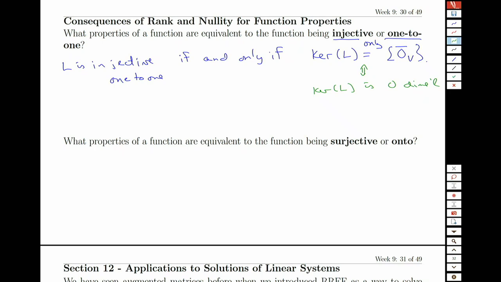But we just saw another equivalency for that today, which is the matrix for L. Let's do it in 2 stages. L's matrix has no columns without leading ones.